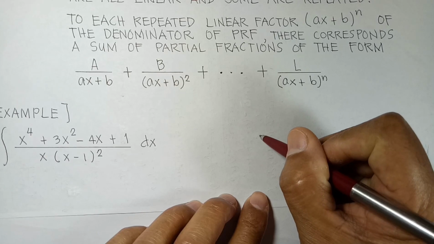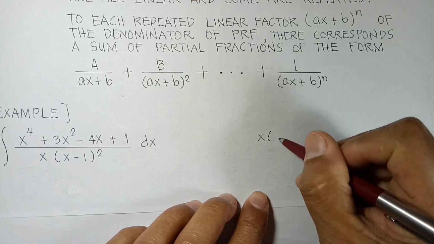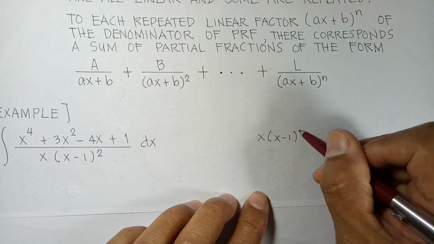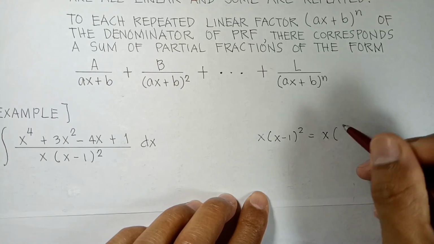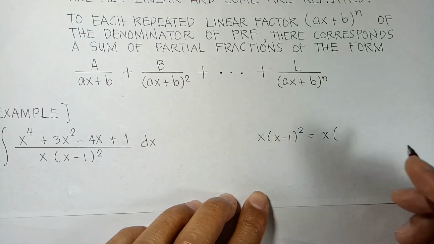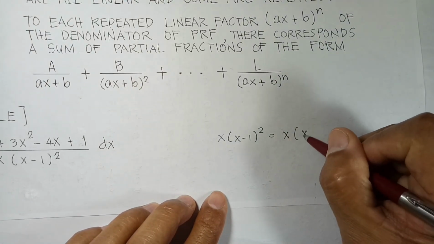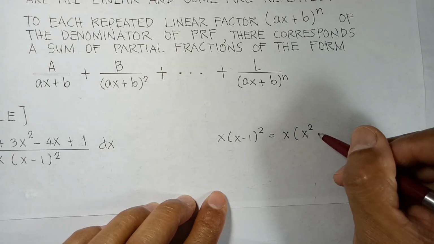So yung x times x minus 1 squared, if we are going to expand, this will be equal to x, and then the expansion of x minus 1 squared is x squared minus 2x plus 1.